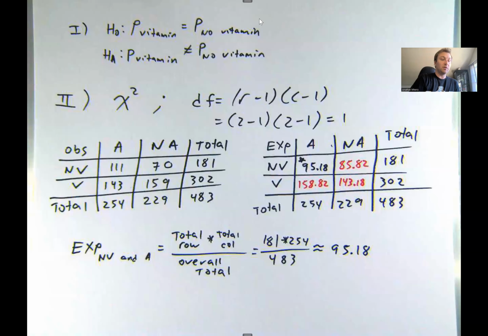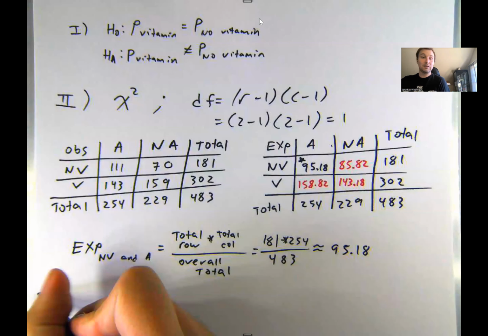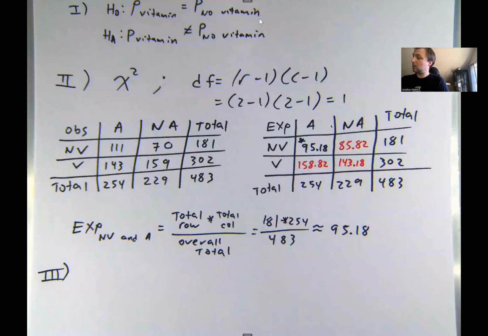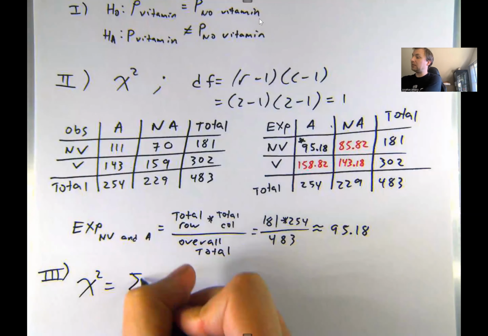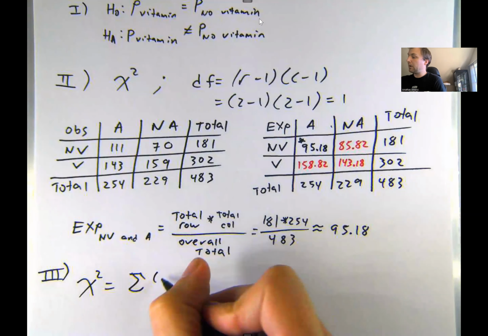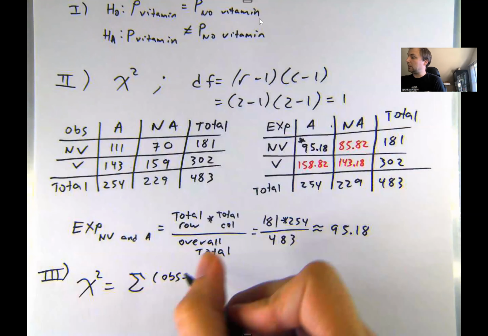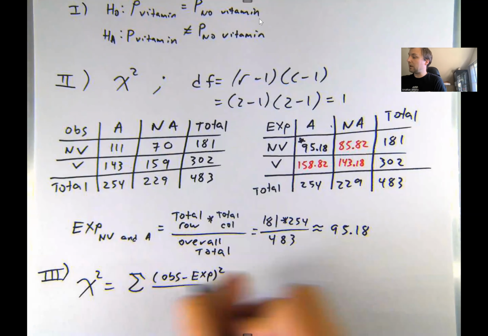So I've got my observed, I've got my expected, I've got my hypotheses here. I'm moving on to finding my test statistic and my p-value. Chi-squared is the sum of my observed values, there are my observed values in this grid, minus the expected squared over the expected.